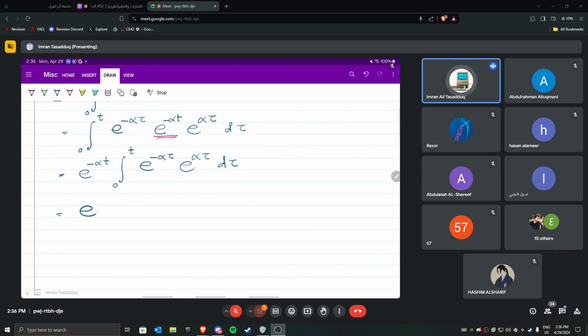This is equal to e to the power minus alpha t. Doctor, integral. Yes, go ahead. I think it makes sense if we take a common minus alpha and tau. It's the same thing, basically, this is what it is. E to the power minus alpha tau plus alpha tau. What is this? Minus alpha tau plus alpha tau.